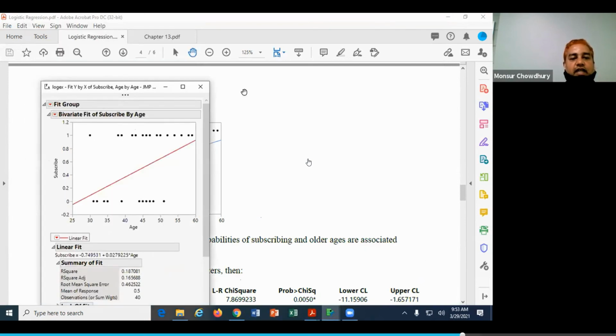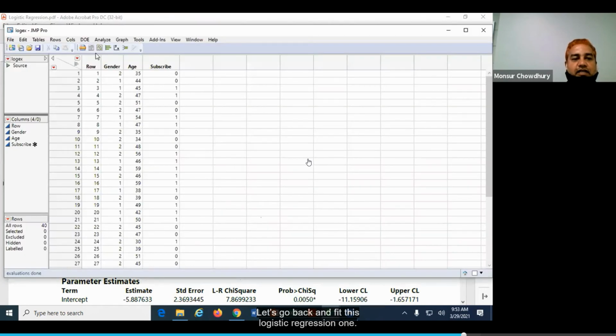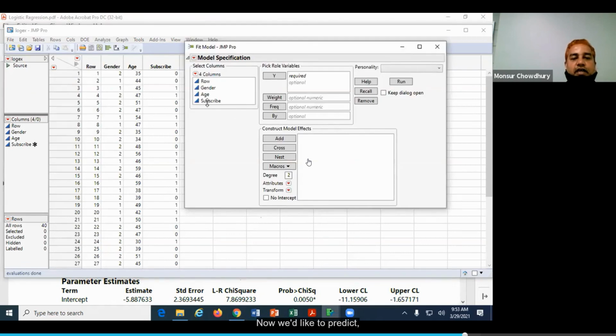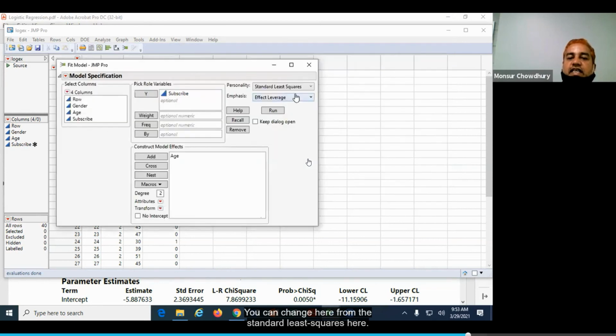Okay. Now, let's go back and fit this logistic regression. Analyze, fit model. Now we'd like to predict subscribe based on age. You can change here from the standard least squares. Everyone can follow me, so here you can see what I am doing.